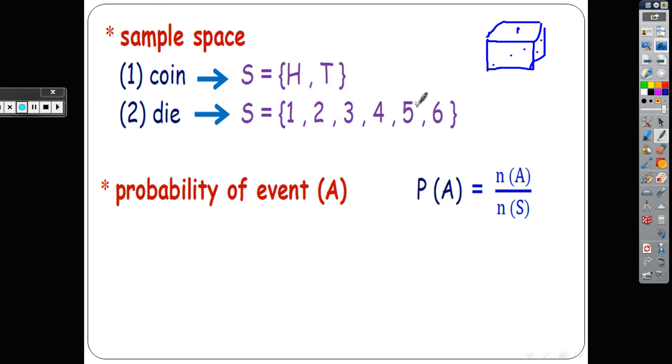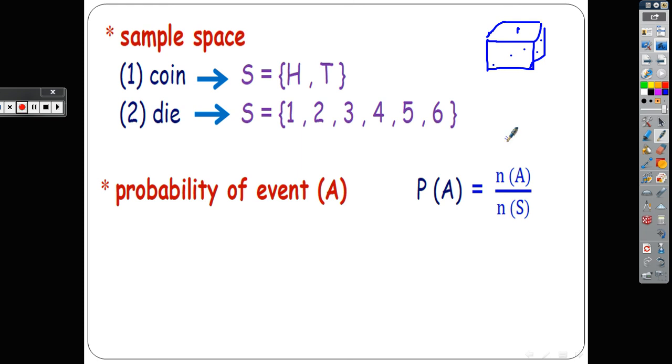If you want to find the probability of event A, any event, you write the probability of A equal n(A) over n(S). What the meaning of n(A)? Number of elements of the event A, over n(S), the total number of elements of the sample space in this experiment.